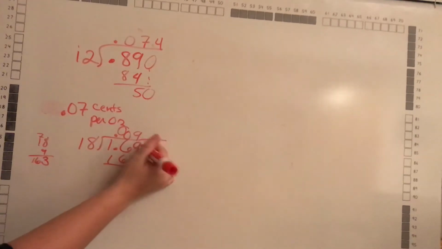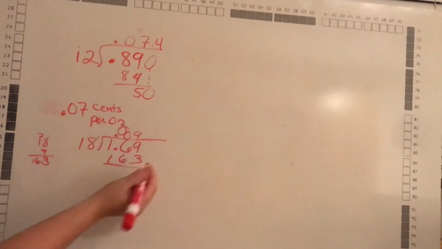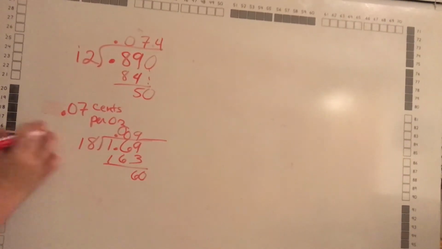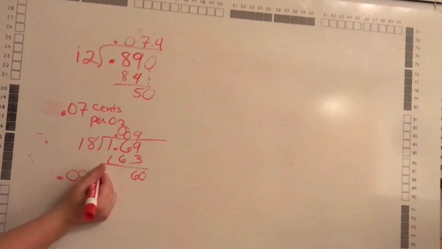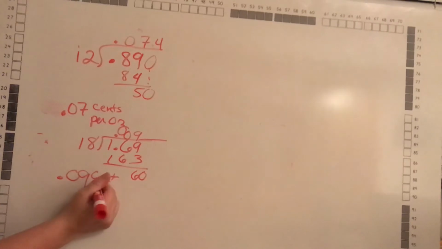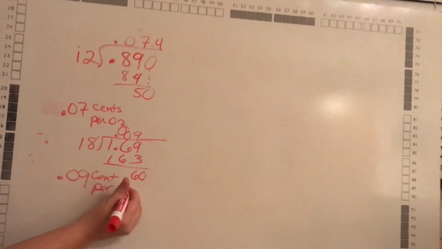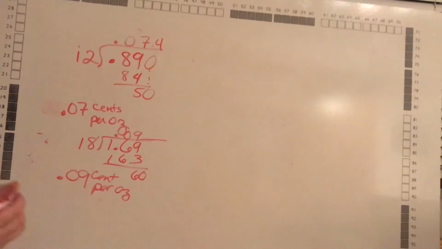That's going to be less than 5. That's all we need to know. So the next one is 0.09 cents per ounce. Okay, so 9 cents per ounce, 7 cents per ounce.